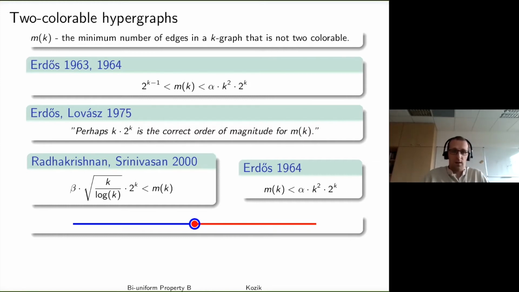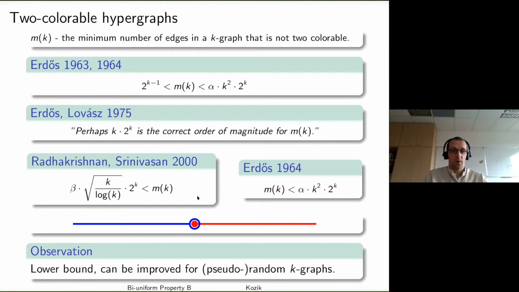This somehow indicates that random hypergraphs may be hard to color, but surprisingly, or maybe not, we can really improve the lower bound for random hypergraphs, in many ways. The first thing is that we can prove that this number obtained by Erdős is indeed a threshold, with proper parameterization of vertices.